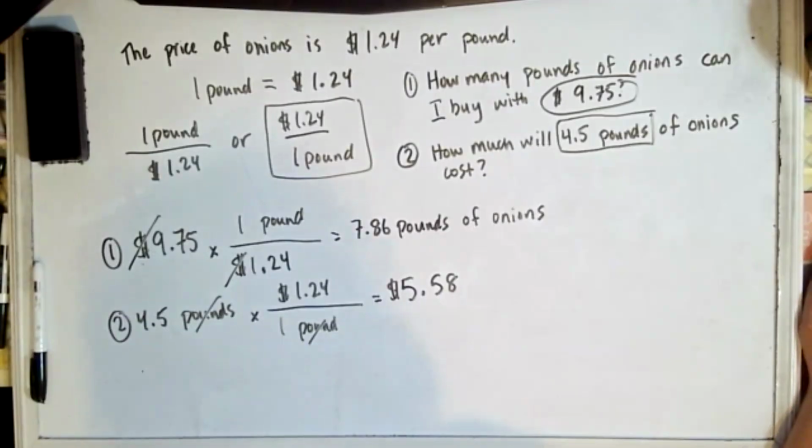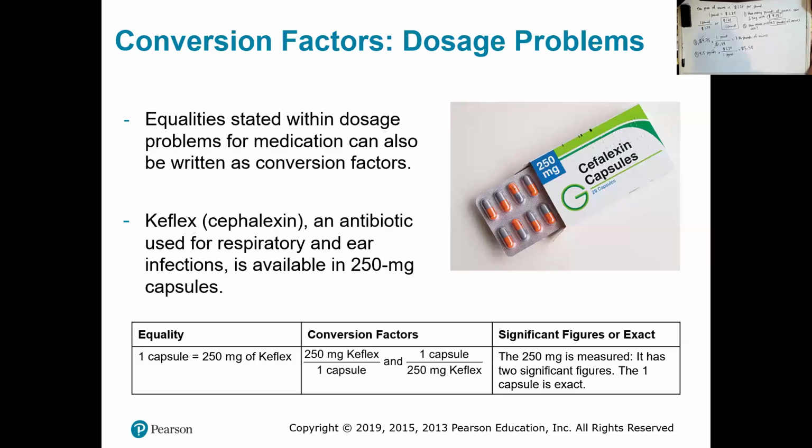Let's look at the next example where we're looking at medicine dosages and how we can write medicine dosages as equalities as well. So here they're telling us that Keflex, an antibiotic used for respiratory and ear infections, is available in 250 milligram capsules.